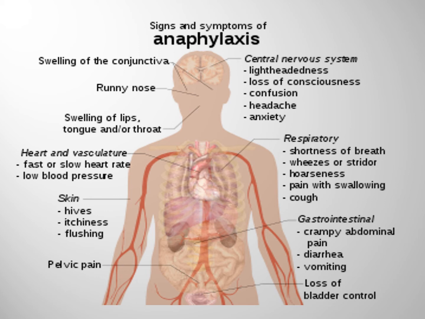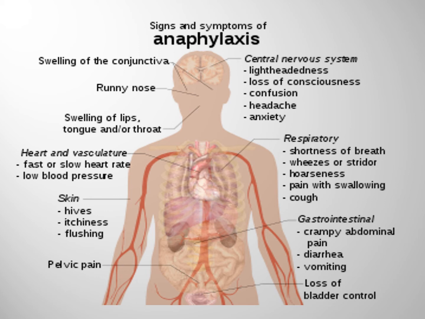So the skin, you can get urticaria, which is hives, itching, and flushing. Now, that by itself is not anaphylaxis. That's an allergic skin reaction. You require another system to be involved in order to call it anaphylaxis. So it could be the cardiovascular system, where you have hypotension from all the histamine release that's occurring in anaphylaxis.